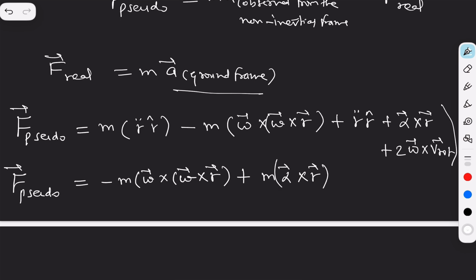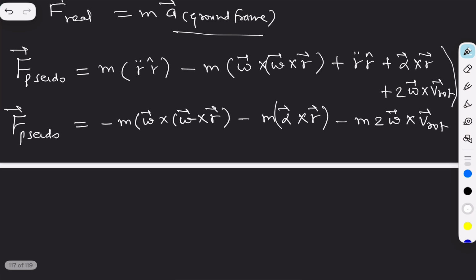One minute, I have made a sign error, let me correct this. Here it will be minus only, so finally minus m alpha cross r and then minus m 2 omega cross v rot.